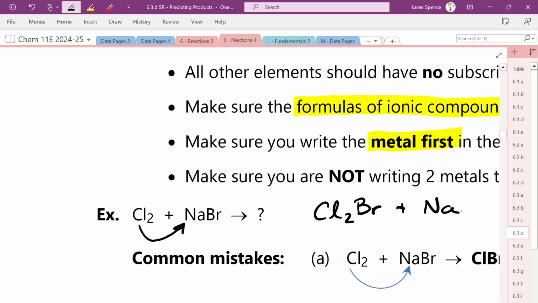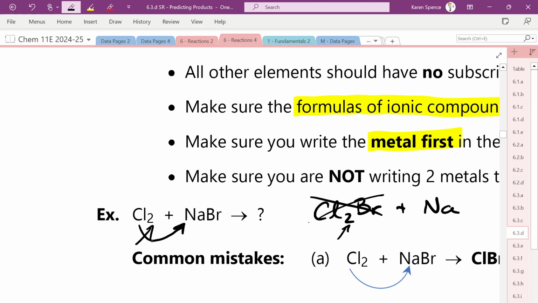Not balanced. It's not balanced, but I don't care about balancing, really. I got 2 nonmetals together. That's a no-no. Okay?